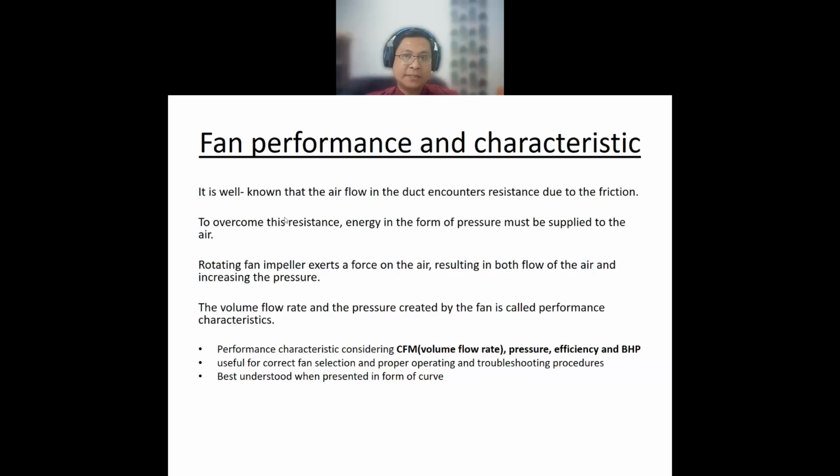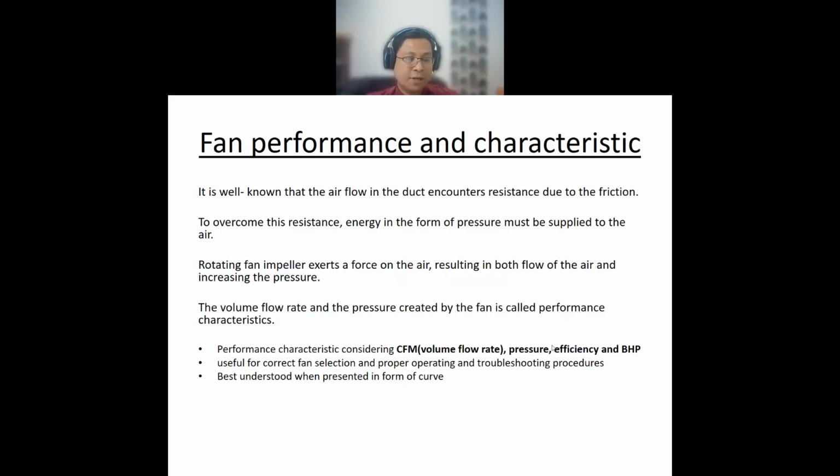Okay, fan performance and characteristic. It's well known that the air flow in the duct encounters resistance due to friction. To overcome this resistance, energy in the form of pressure must be supplied to the air. A rotating fan impeller exerts a force on the air, resulting in a bulk flow of the air and increasing the pressure.